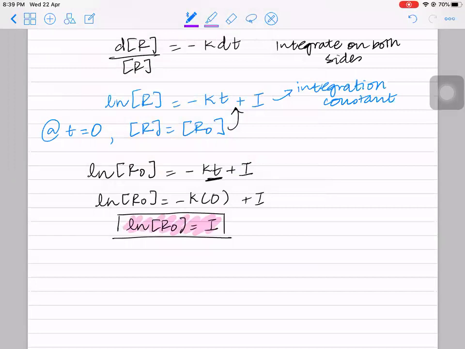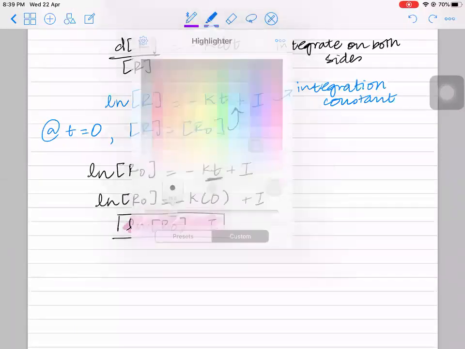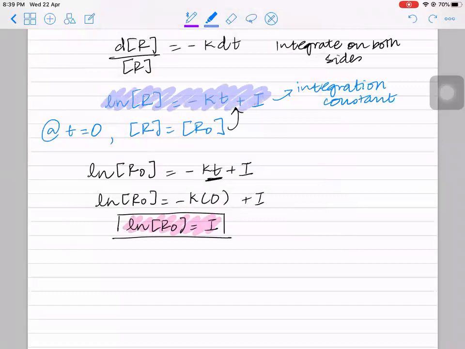Okay, so far I hope you're following. Now, let's go back to this equation, the equation that we got after integrating, before we substituted R naught. So you had natural log R is equal to minus kt plus I, right?